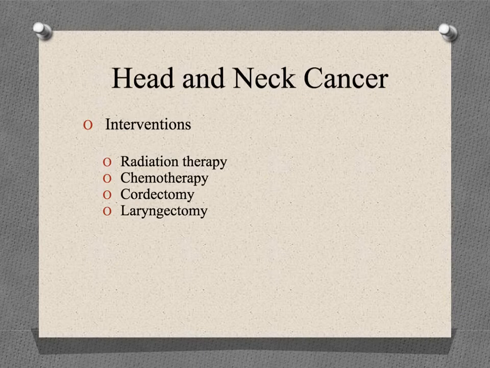And then a biopsy of the area would also be something that we would utilize to make the diagnosis, and then treat with radiation or chemotherapy if we identify that it is a cancer. A cordectomy or laryngectomy is a removal of the cords and a removal of the larynx. If that has to occur, the patient may require an artificial airway known as a tracheotomy. That's a creation of an artificial airway.